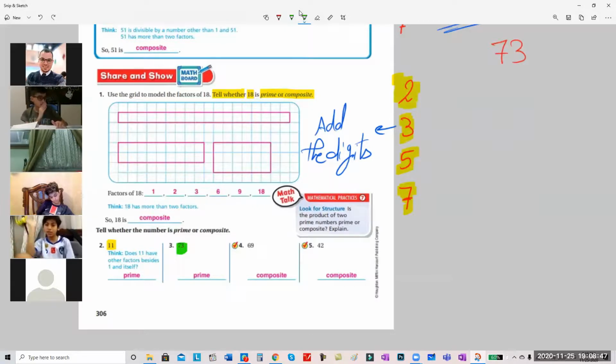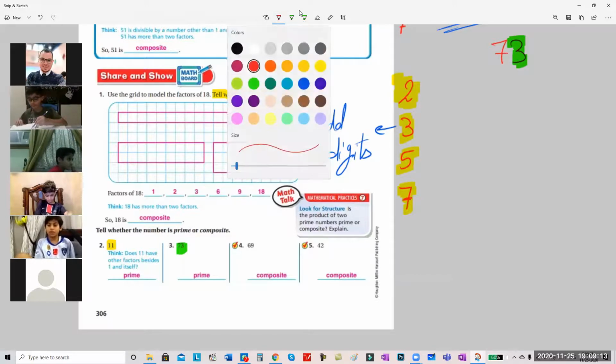Where is the ones place in 73? The ones place is 3. 7 is the tens place.